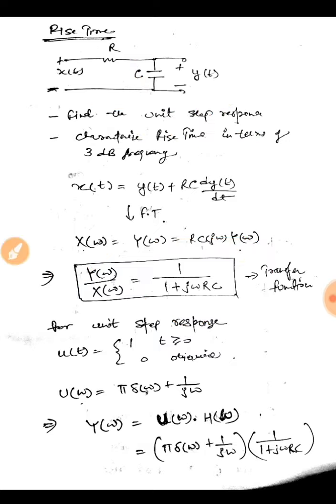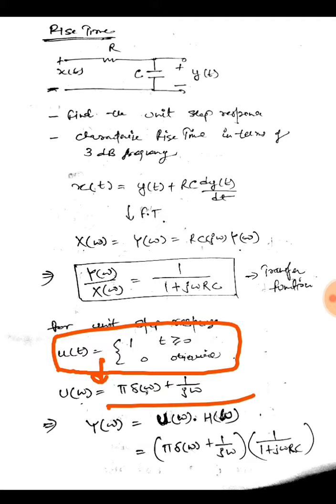Now the input is u(t), that is a unit step signal, which is 1 for t greater than 0 and otherwise it is 0. So the Fourier transform of a unit step signal can be given as πδ(ω) plus 1 upon jω.